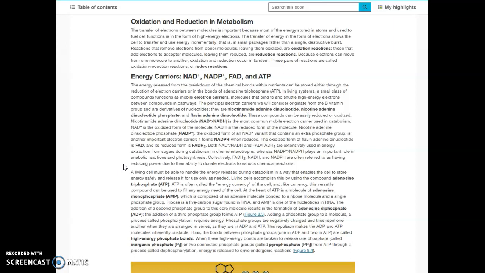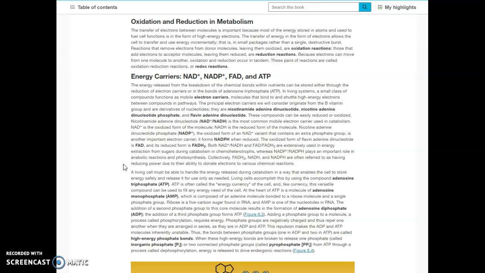And when they're reduced, we say that they are accepting, or we're adding electrons to them. And these reactions must occur together. When we strip away electrons from one molecule, we have to have another molecule that we can add those electrons to. So that's why they're coupled. They occur together, and we shorten that to redox reactions.